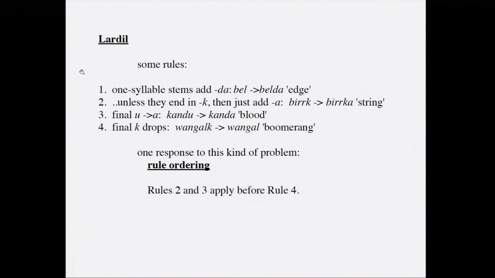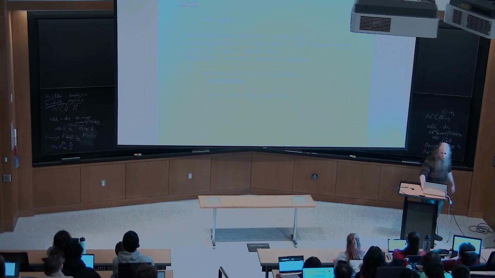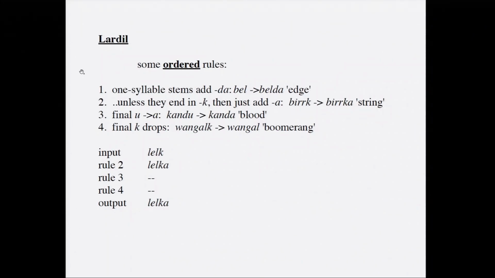If you are starting with lelk, the basic form for head, you first apply rule 2 and get lelka. Having applied rule 2, which adds the a after lelk, you're not in any danger of applying rule 3 or rule 4. Rule 4, which would have gotten rid of a final k, doesn't apply anymore because there isn't a final k anymore.